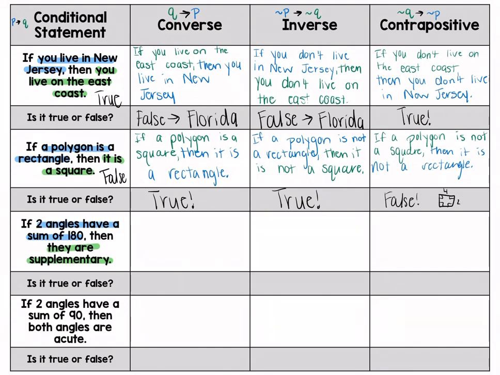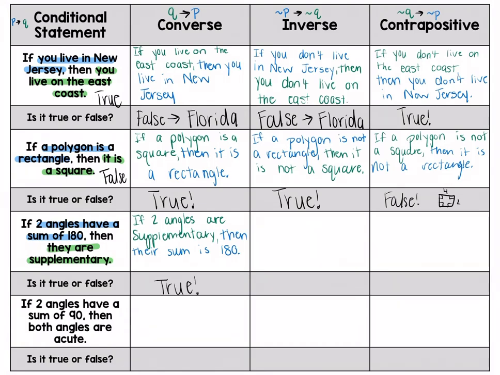So then my converse, if Q then P: if two angles are supplementary, then their sum is 180. And so if we know that two angles are supplementary, then we know their sum is 180. So that would be a true statement.